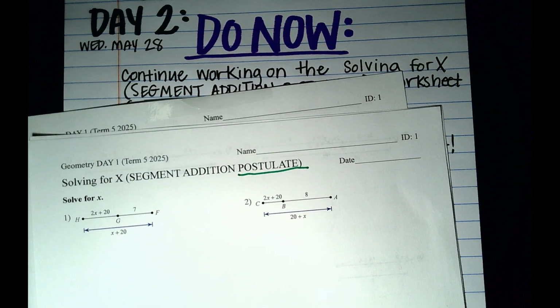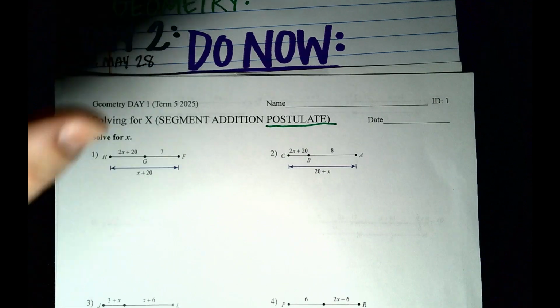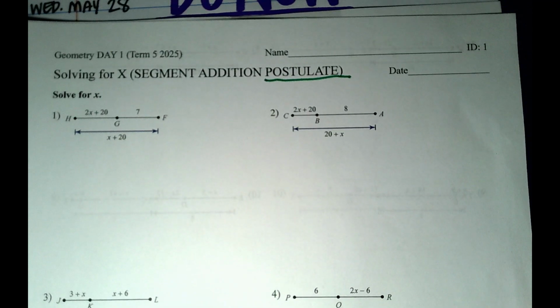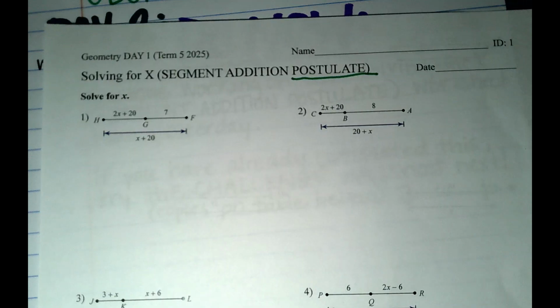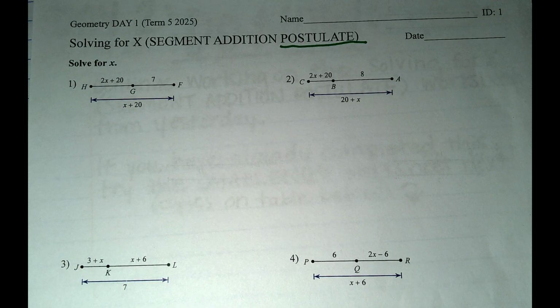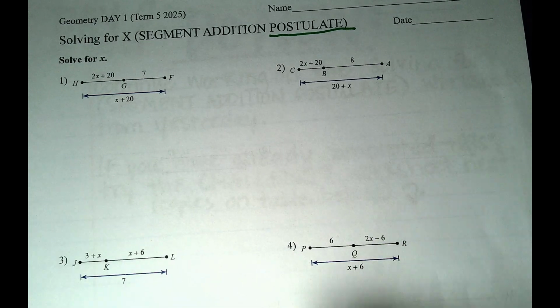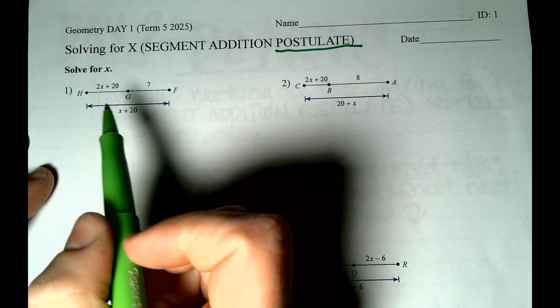So let's take a look at this together. And I believe we did number 1 together yesterday. But we'll go through it again real quickly. For number 1, how would I set up my equation? Anybody know how I would set this up?